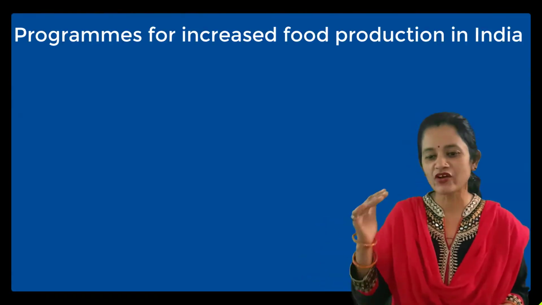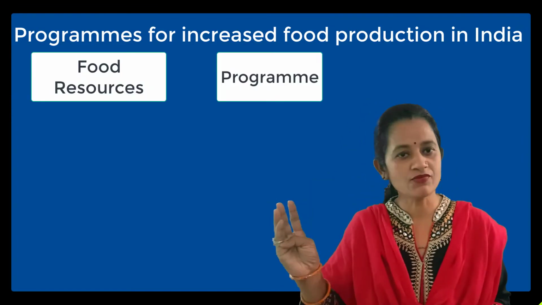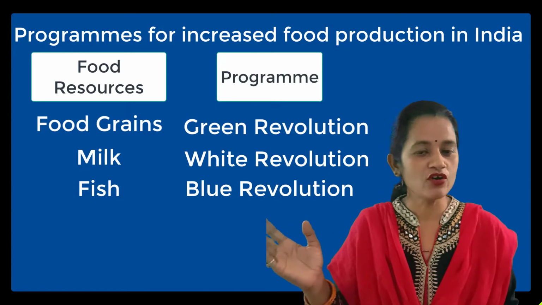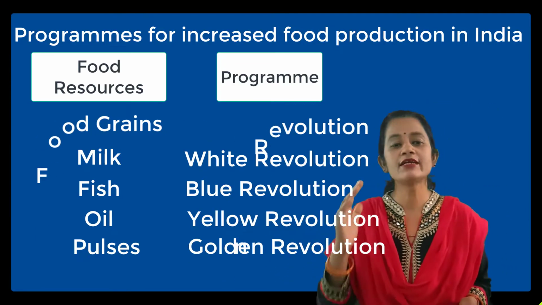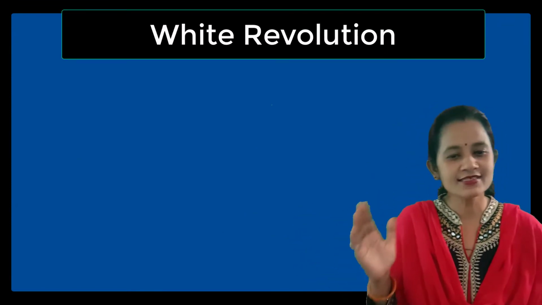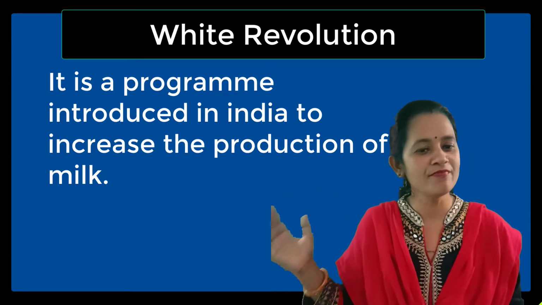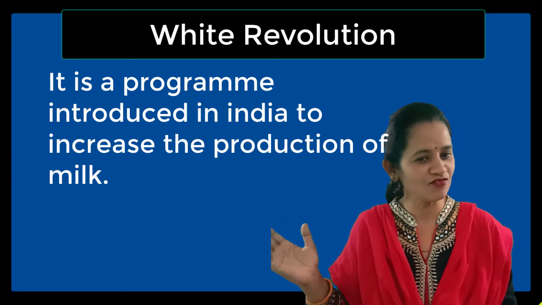So programs for increased food production in India are, first one is Green Revolution, White Revolution, Blue Revolution, Yellow Revolution and Golden Revolution. So we will discuss about White Revolution. White Revolution, it is a program introduced in India to increase production of milk. This program made India self-sufficient in production of milk.